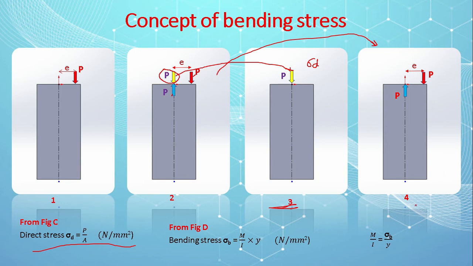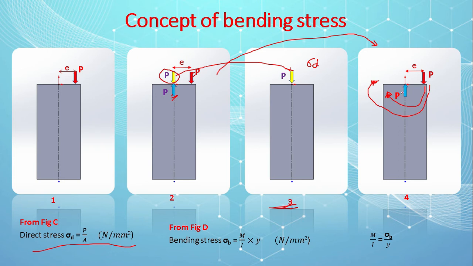Moving to this fourth figure, the effect of this P and this P. As these forces are not collinear, they are acting at a distance of e from each other, they will produce a couple, and this couple will try to rotate or bend this column in clockwise direction.